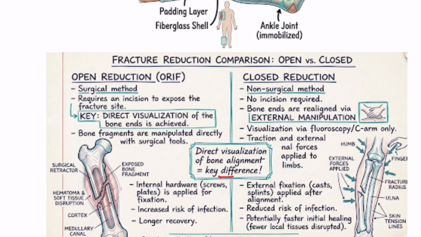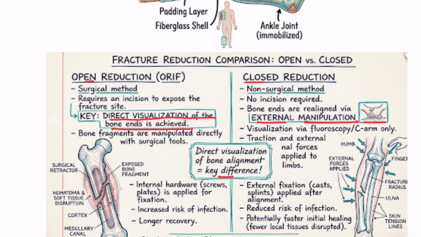Now, this can be done in two ways: closed or open. In closed reduction, the bone is manipulated externally without opening the body. In open reduction, the fracture site is exposed, and the alignment is achieved under direct visualization.